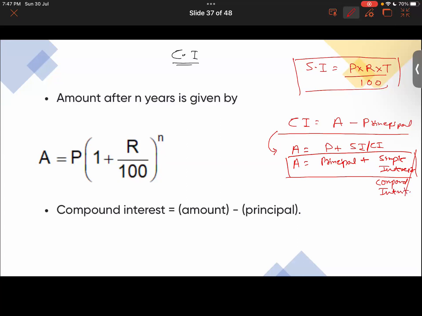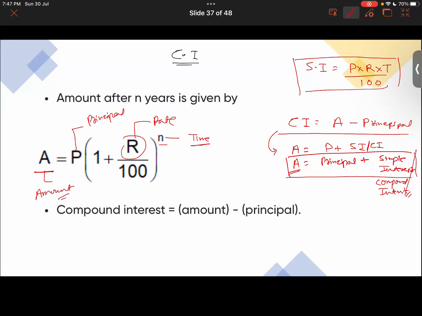So how do you find the amount? The formula required to find the amount was this: A equals principal multiplied by (1 plus rate upon 100) to the power n. Here n is basically time, R was the rate, and P was the principal, and A was the amount after interest was applied on the principal for the given time period.